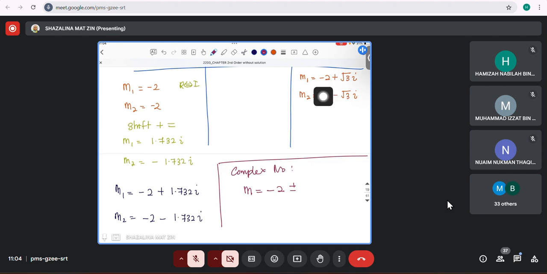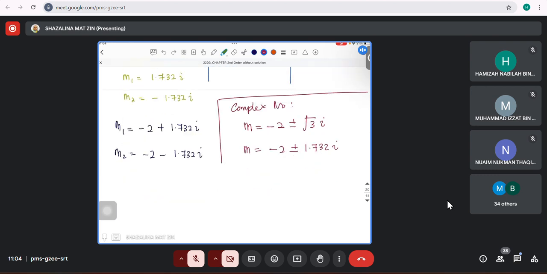Okay, saya guna dulu yang ni, square root of 3i, or for the calculator, -2 plus minus 1.732i. Yang ini sama. Okay, this is equal. Either one.